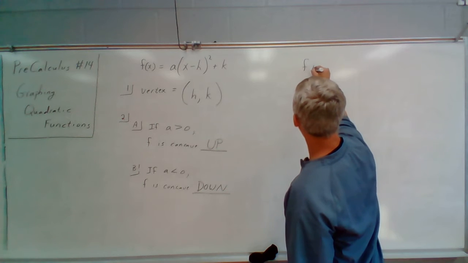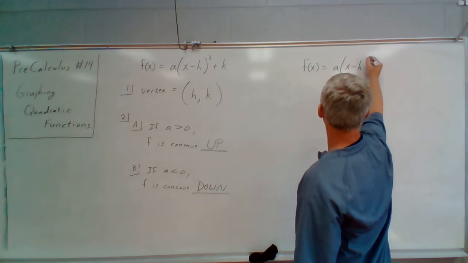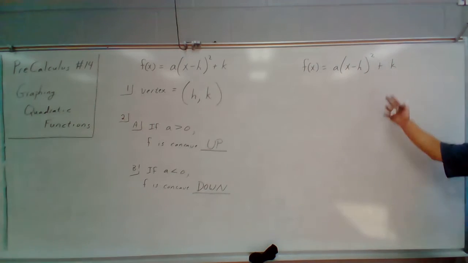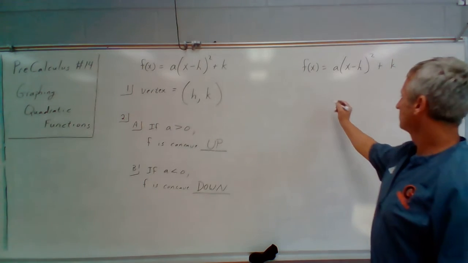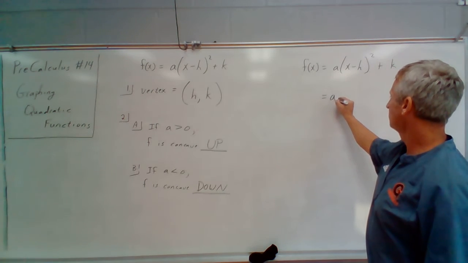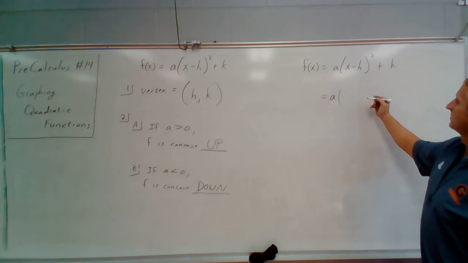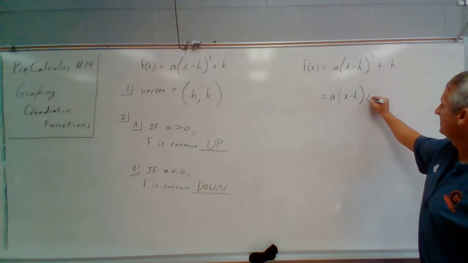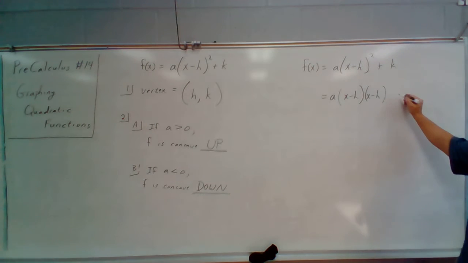All right, let's multiply this out. So let me recopy it. f of x is equal to a times (x minus h) squared plus k. So let's change this from vertex form into standard form. To do that, I need to square x minus h. I'll do this really carefully, that'll be (x minus h) times (x minus h) plus k.